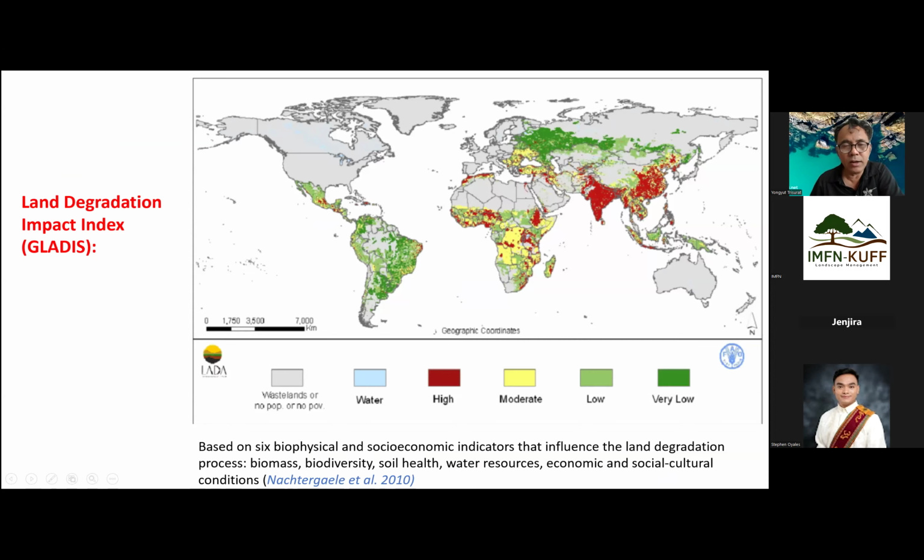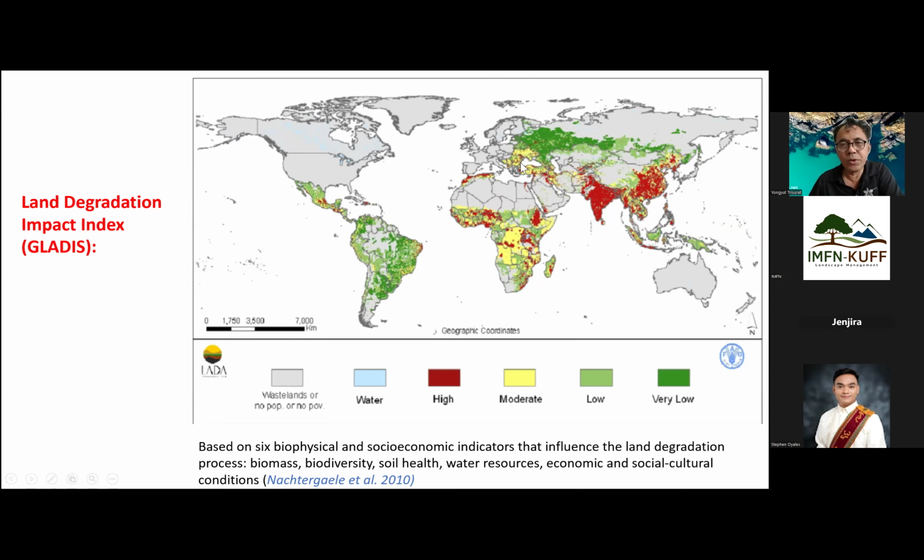It means a lot of biomass, either trees or grass, has been used; biodiversity, soil health, water resources or moisture content; economic and social; and cultural condition.